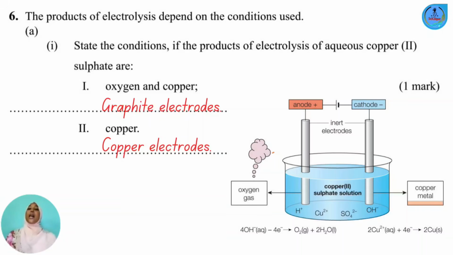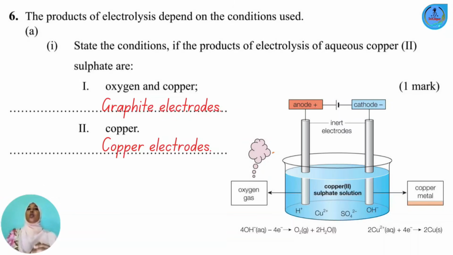It's essentially an allotrope of carbon, but because of the presence of delocalized electrons, it can conduct electricity. Now, one thing about graphite is that it's inert. It does not participate in the chemical reactions. So, whatever products you end up forming are not because graphite participated in the reaction. No, it's because of the electrolyte.